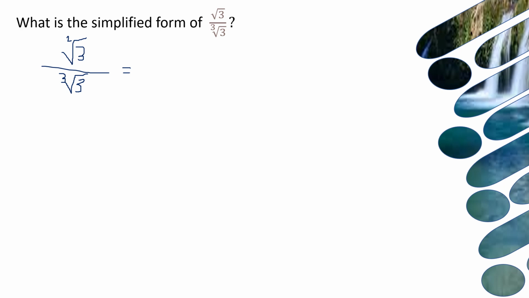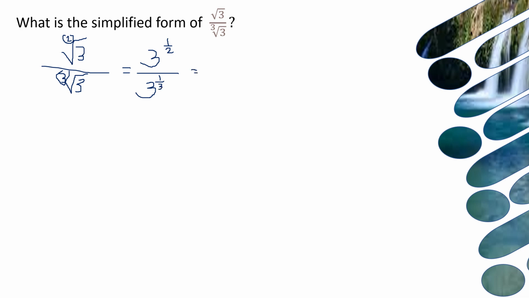So to transform them into common radicals, or radicals with the same index, first we have to find the LCD of these 2 and 3 as the index if we transform them into fractional exponents. So square root means raised to 1 half, so that's 3 raised to 1 half, and cube root of 3, that's 3 raised to 1 third.